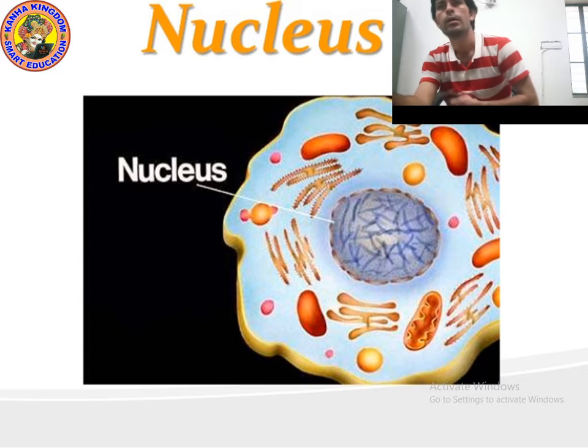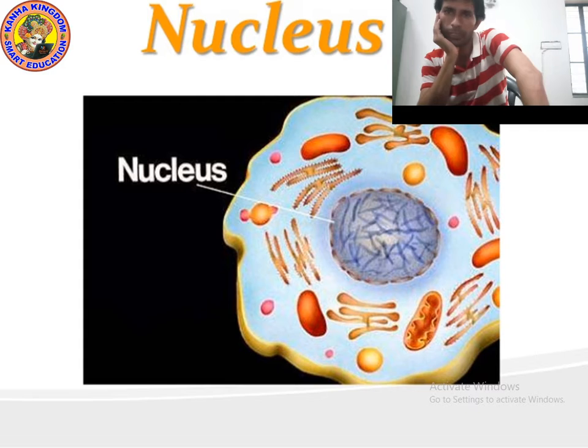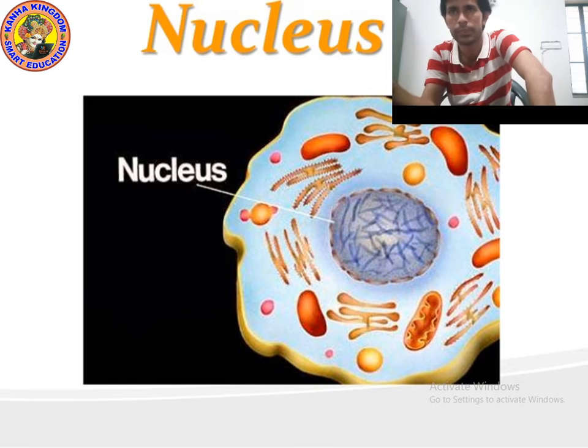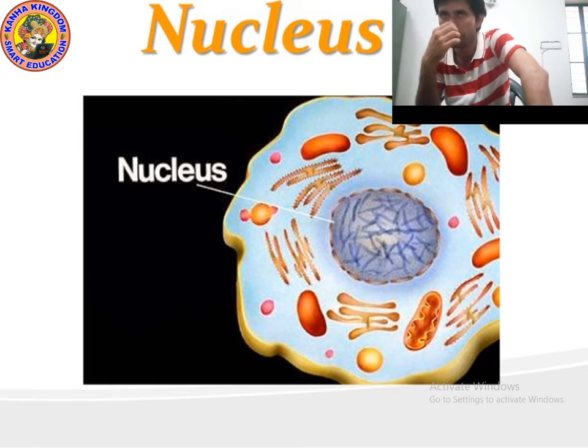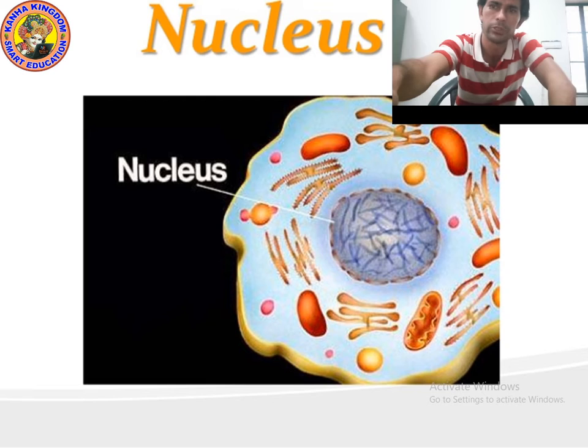DNA is found in the nucleus, within strands of chromatin. Chromosomes are also found. The layer around the nucleus is known as the nuclear membrane. I hope that you understood. Now let's move on to the next point.